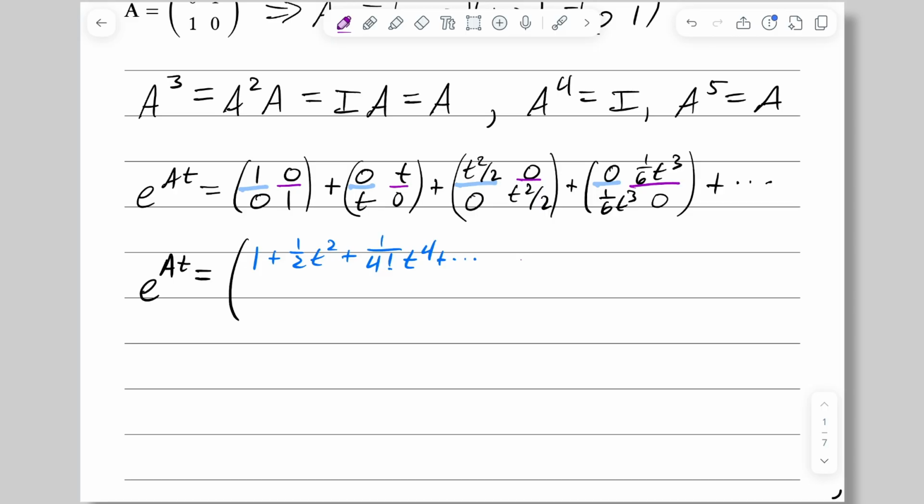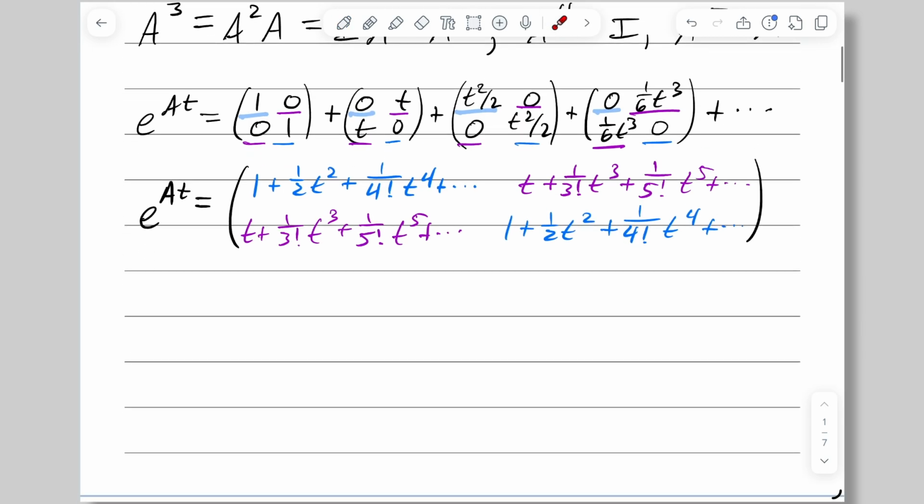So you can probably buy that this is going to be t plus 1 over 3 factorial t cubed plus 1 over 5 factorial t to the fifth, and so on. You'll also no doubt note that all of the lower left entries replicate the upper right entries, and all of the lower right entries replicate the upper left entries.